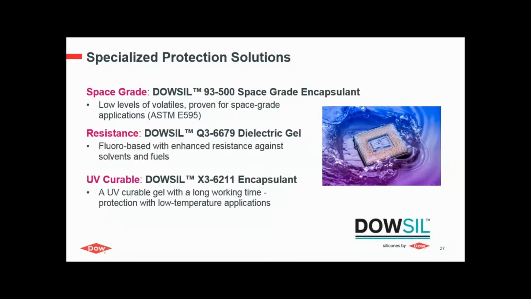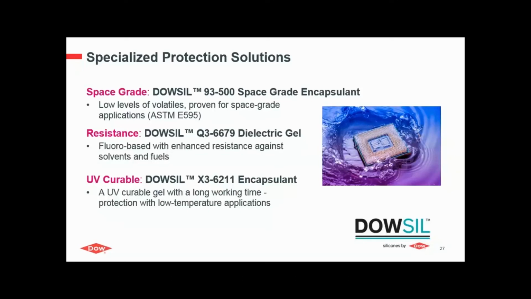For example, space grade applications with our DOWSIL 93500, a material with a very low level of volatiles, which is proven for space grade application following a determined ASTM norm. The DOWSIL Q36679 gel is a fluoro-based material which has an enhanced resistance against solvents and fuels.